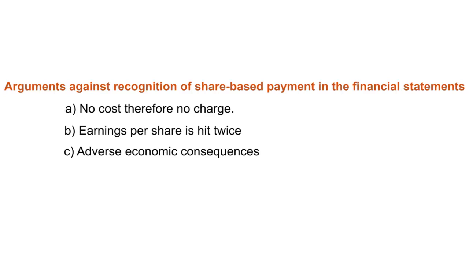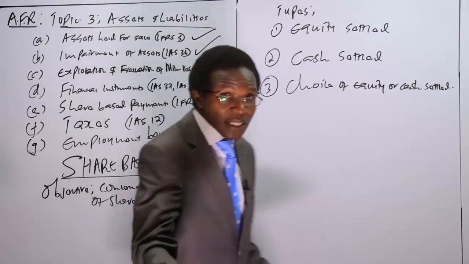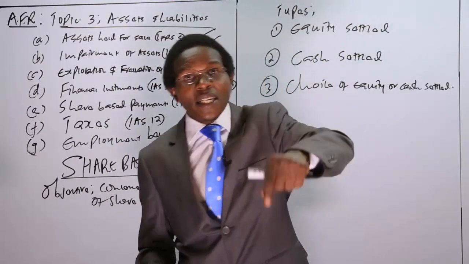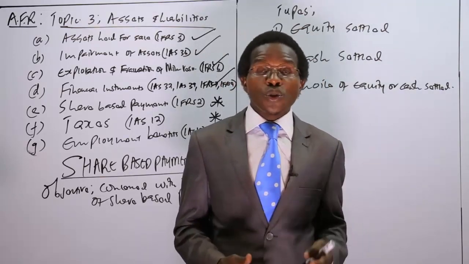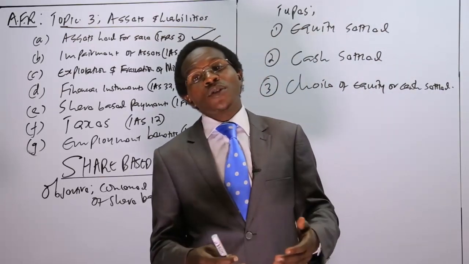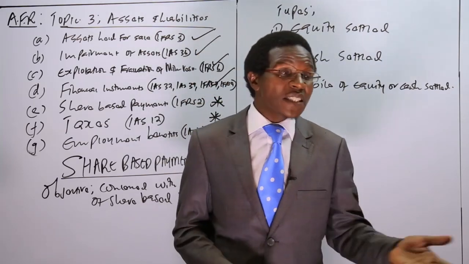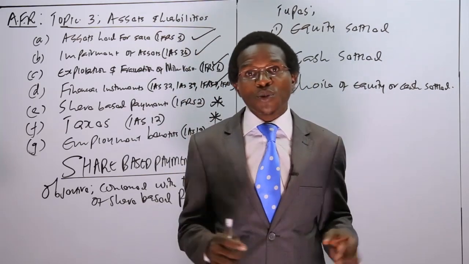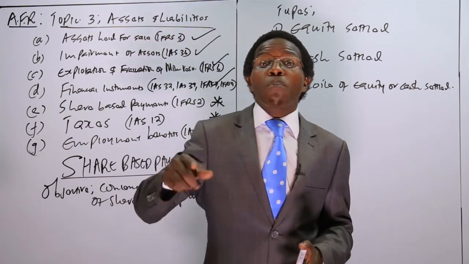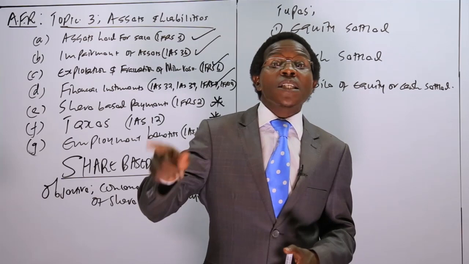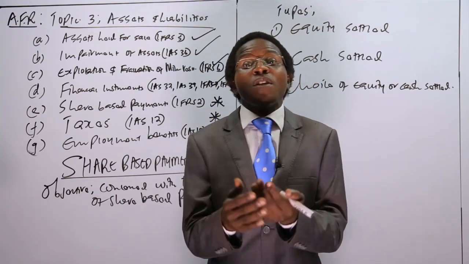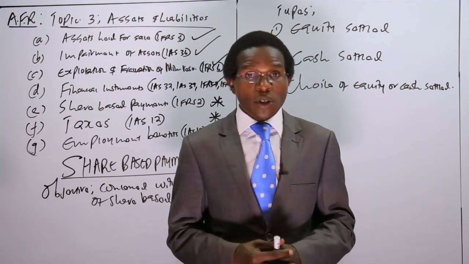Remember, we have some terms like grant date. What is the grant date? It is the date when the share-based agreement was arrived at. Two, we also have the vesting status. Vesting status is a status upon which an employee will receive some additional benefits even if he has not rendered any additional service to the firm.